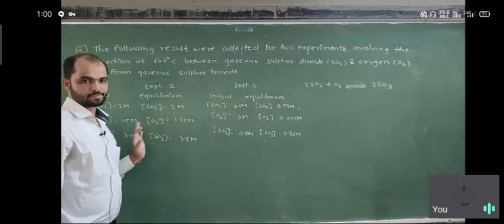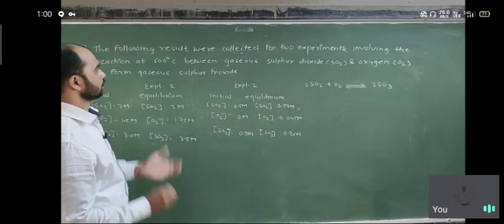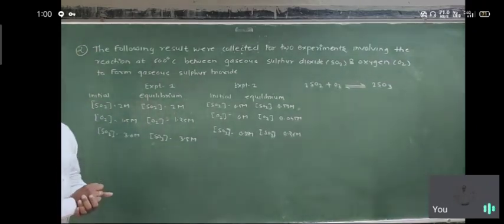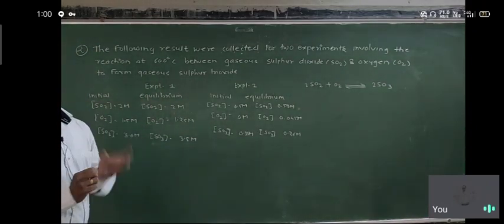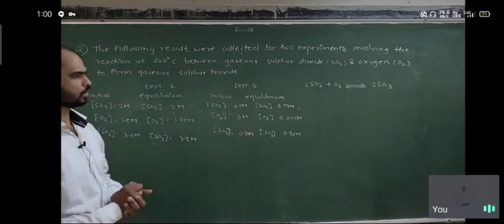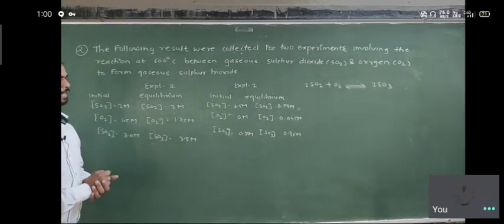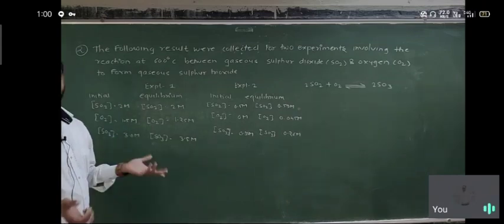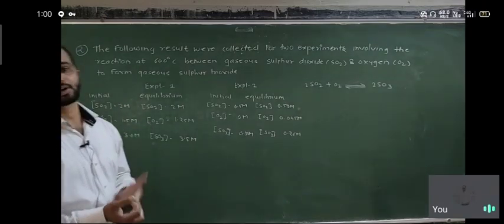We use this data to find out the value of the equilibrium constant. So here we are going to compare two values, K1 and K2. In both experiments, in both conditions, are the values the same or different? So we can find out whether there is an error or not.